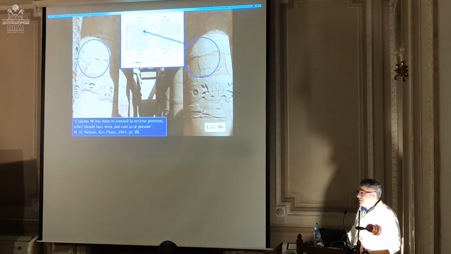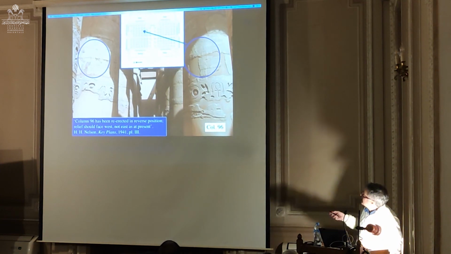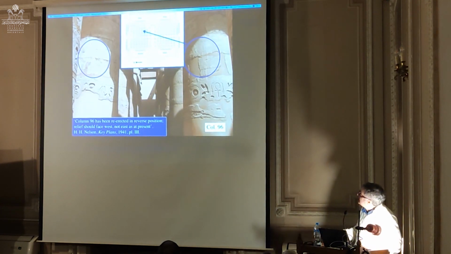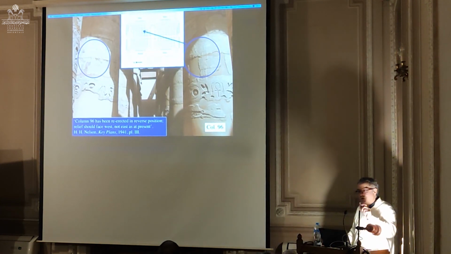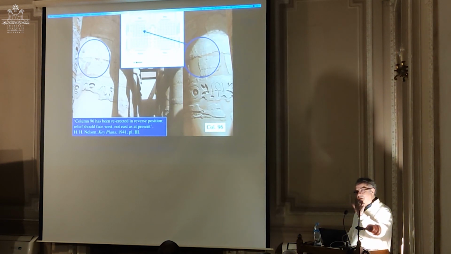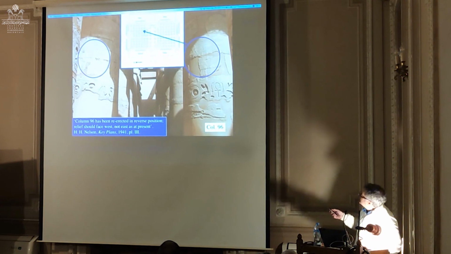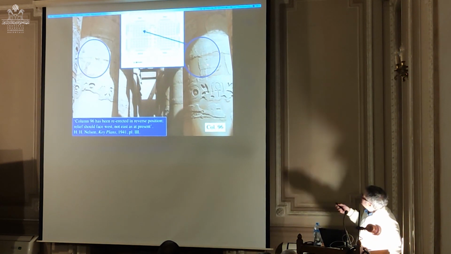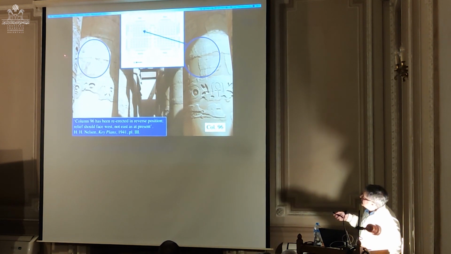A mistake that had been noticed by Nelson is the fact that at least one column, this one which is column 96, was re-erected but not on the correct axis. If you look at these pictures, this is taken from the west.